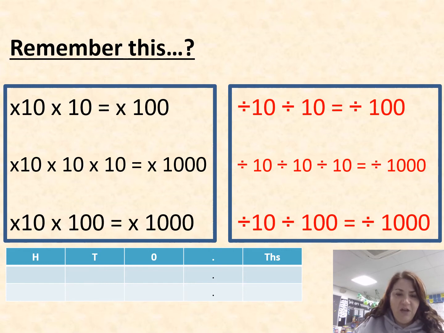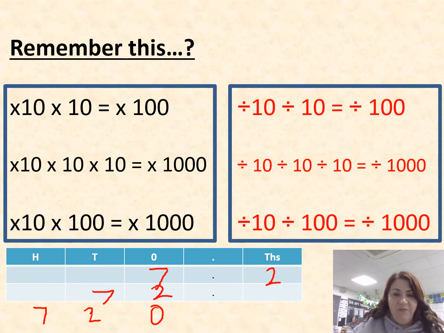So think of it in terms of your place value chart. If I were to multiply 7.2 by 10, my 7 would move one place to here and my 2 would jump out the decimal to here. But if I were to multiply it by 10 and then multiply that by 10, my 7 would move to the hundreds, the 2 would move to the tens, and then I'd need a placeholder.